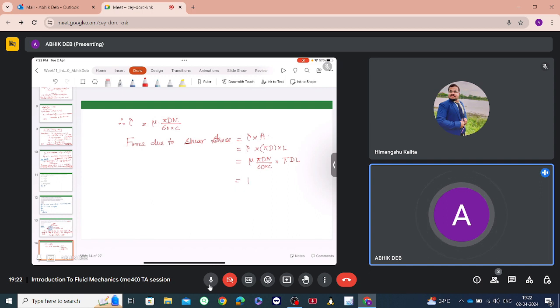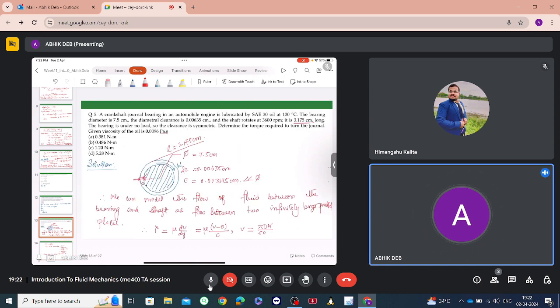So this comes out as mu pi squared d squared n L by 60c. And therefore the torque required to overcome this force is T equal to force multiplied by the perpendicular distance, because the torque will be given with respect to the center. So the distance with respect to the force is r.